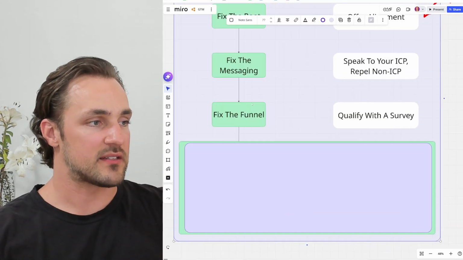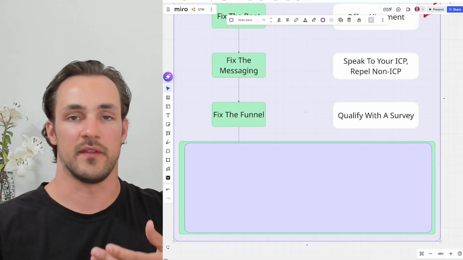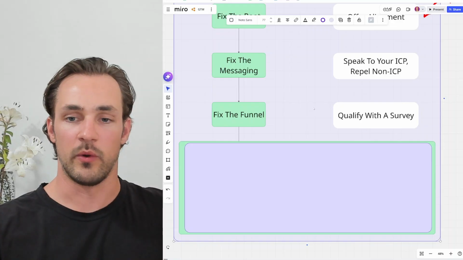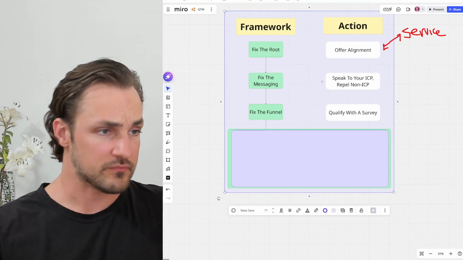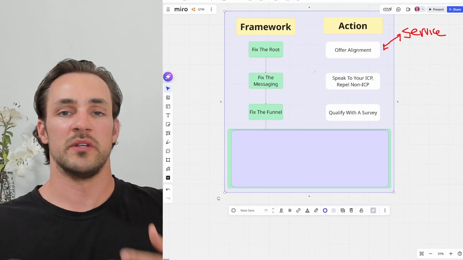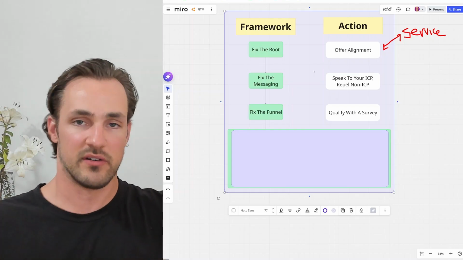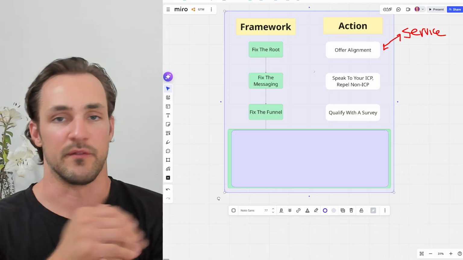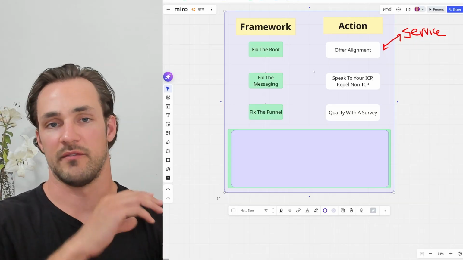So our next framework here is fixing our funnel, right? So I've been talking about this, but one of the key things we want to do is qualify with a survey. So what does that mean? Because we only want to be working with business owners who are doing a certain amount of revenue, a certain time in business, we can filter them out on a form. So what we'll do is we'll have a form on our site.